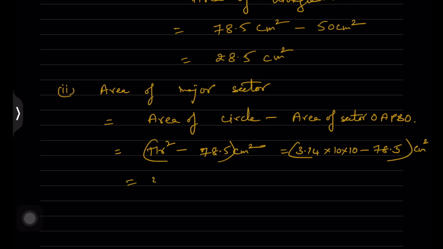So which is equal to 314 minus 78.5 centimeter square, which is equal to 235.5 centimeter square.